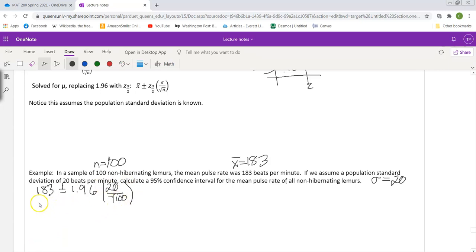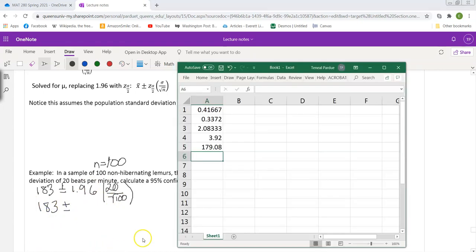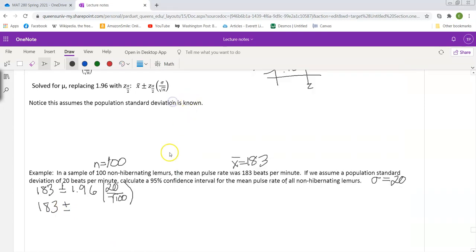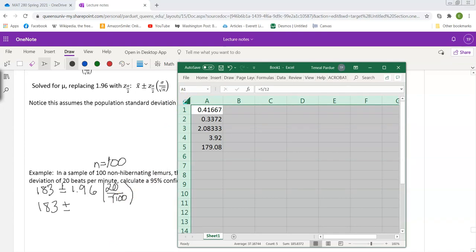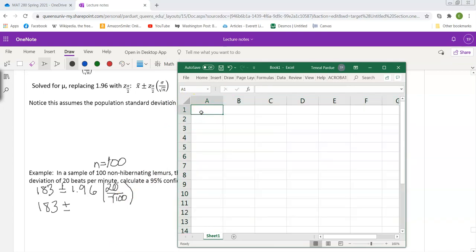And so that's 183 plus or minus 1.96 times 20 over the square root of 100.